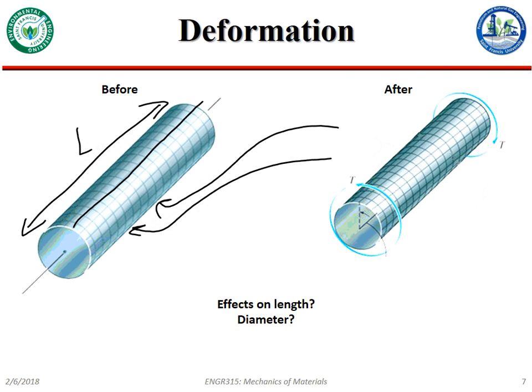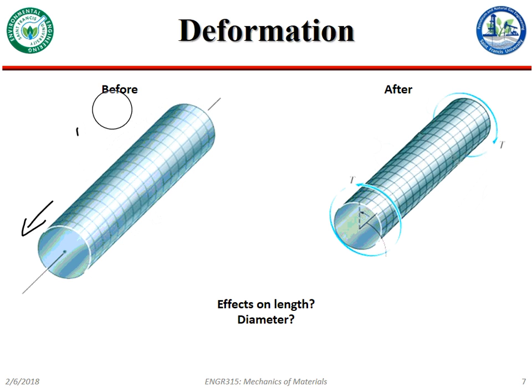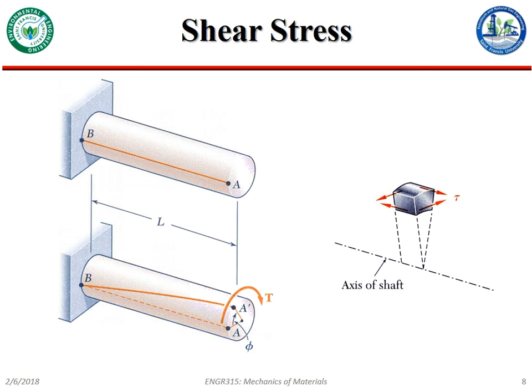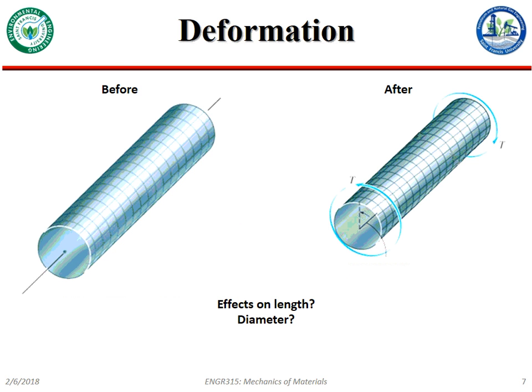All right, so now we have a deformation. But almost forgot: everything I just said is only valid, again, for small deformations and circular cross sections. If you have squares or other irregular cross sections, none of that really holds.